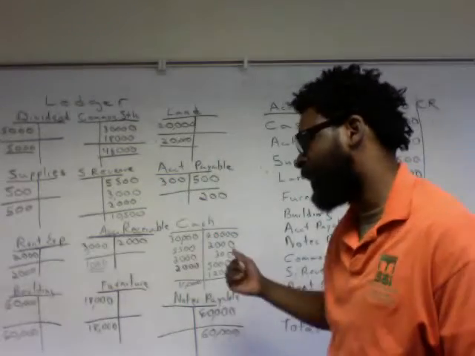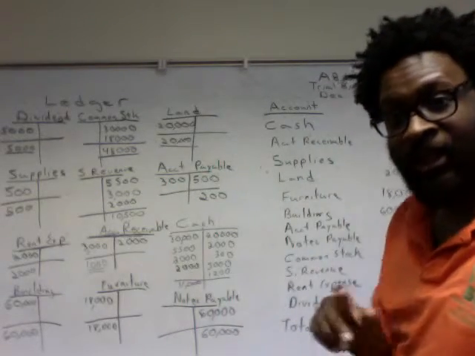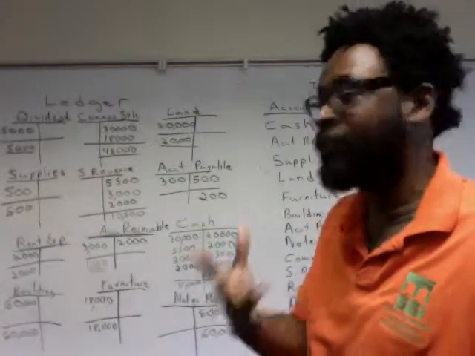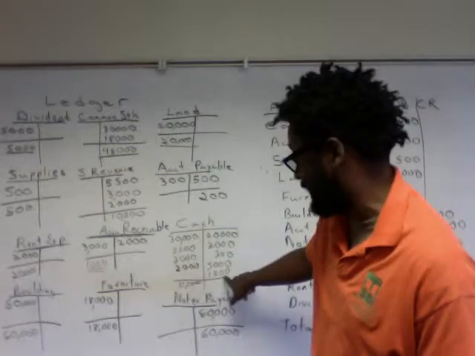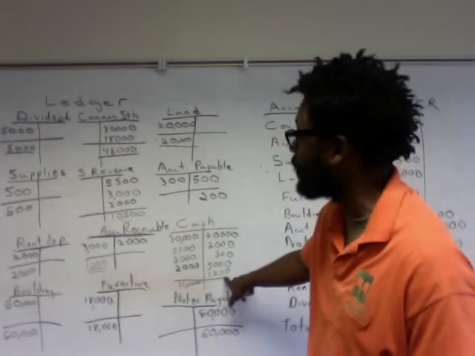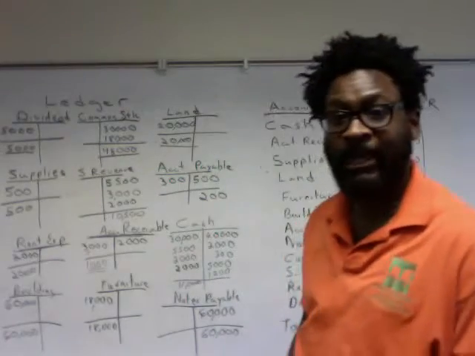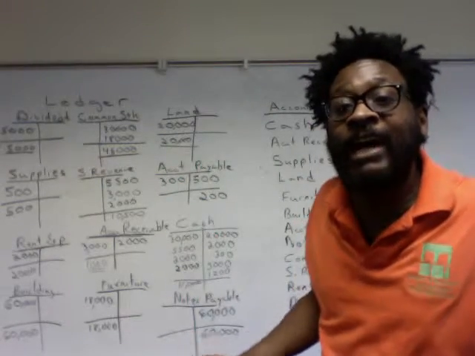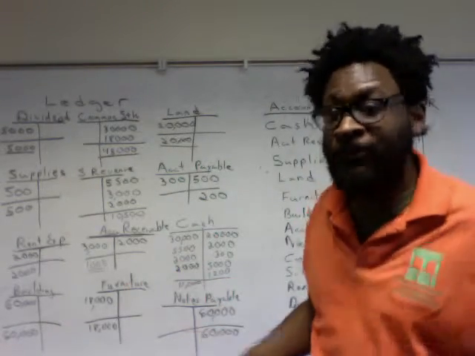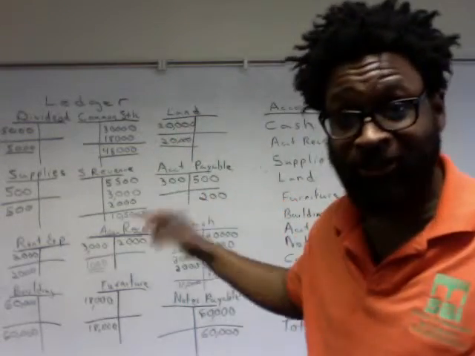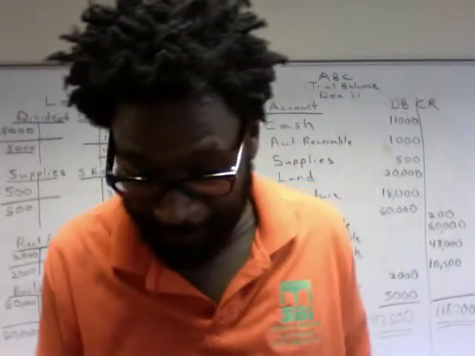So I have to look back to my journal. Let's look back to your journals and see what was that other amount for $1,200. I see a credit for $1,200, but nowhere else on here do I see a debit to balance it. So that means I forgot to post the debit for $1,200. I hope you guys are understanding what I'm saying because this is critical. This is very good that I screwed up.